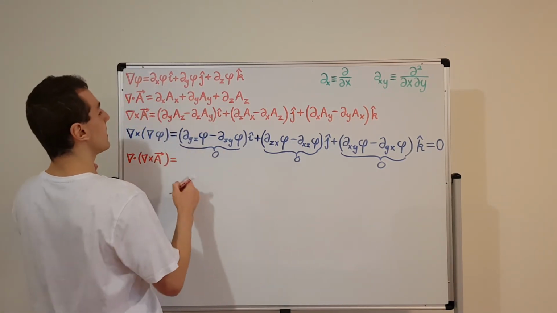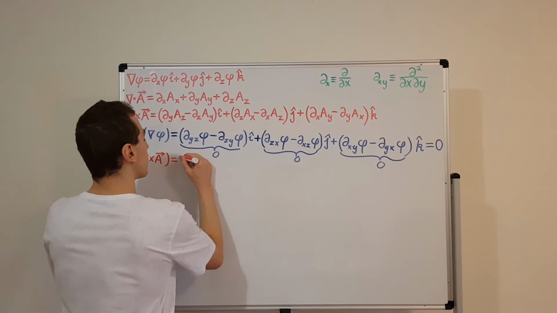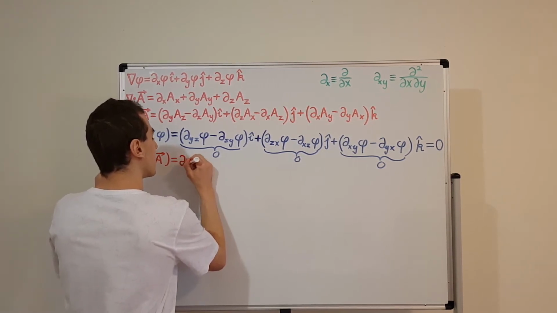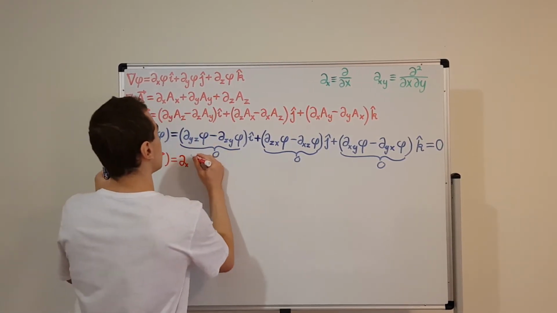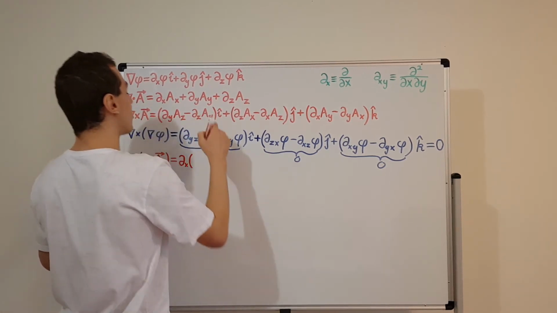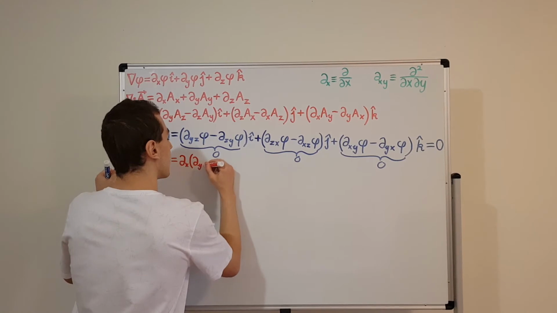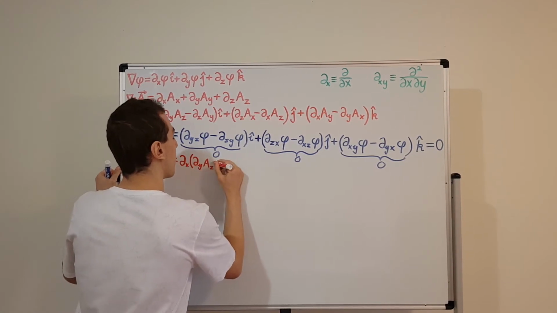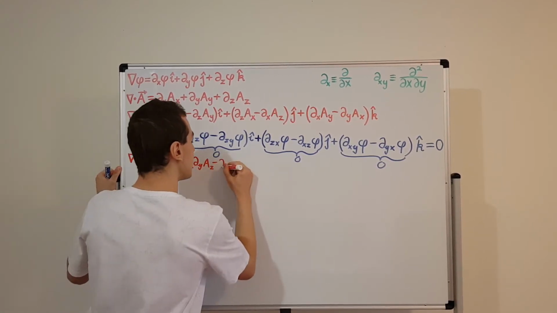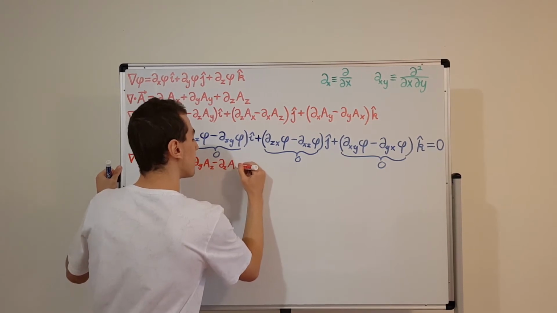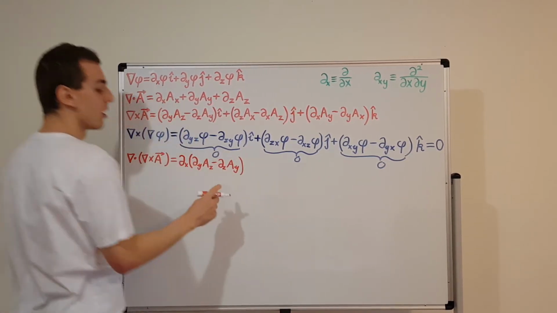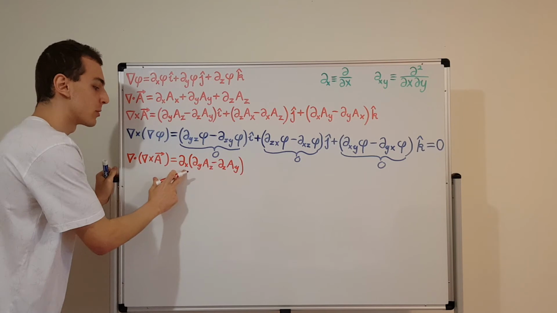What we're going to find is that we have to take the x derivative of the x component of the curl. So let's do that. We can put this in brackets. So we'll have dy az minus dz ay, and this is our x component, which we're differentiating with respect to x.